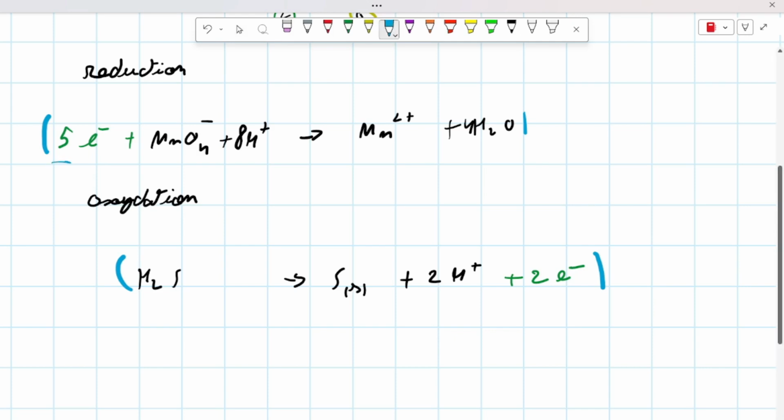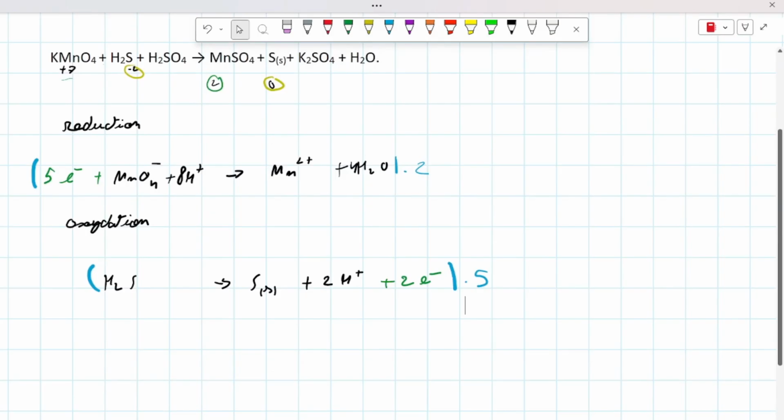Here we have 5, so we multiply this reaction by 5, and here we have 2, so we will multiply this reaction by 2. By doing this, we now have 10 electrons engaged in the reduction and 10 electrons engaged in the oxidation. Now we can simply add the reduction and the oxidation together.